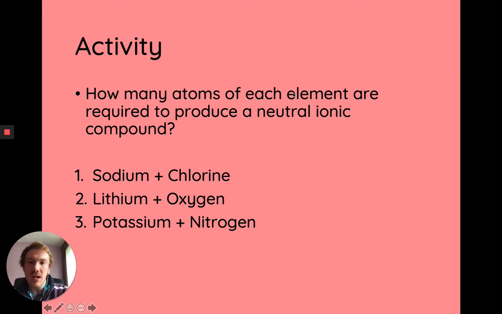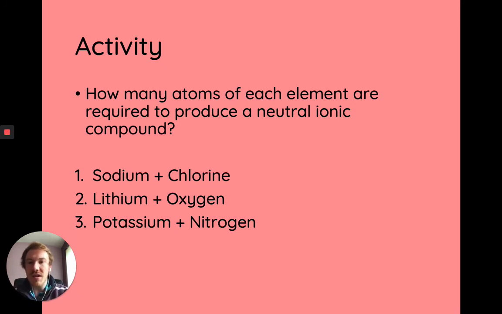This activity allows you to try and consider the ratio of metal to non-metal that will be involved in an ionic compound. Because different metals and non-metals will lose or gain different amounts of electrons, you might need to have some additional ones there. Most of the examples we've considered have had 1 electron moving to fill 1 gap, or 2 electrons moving to fill 2 gaps.